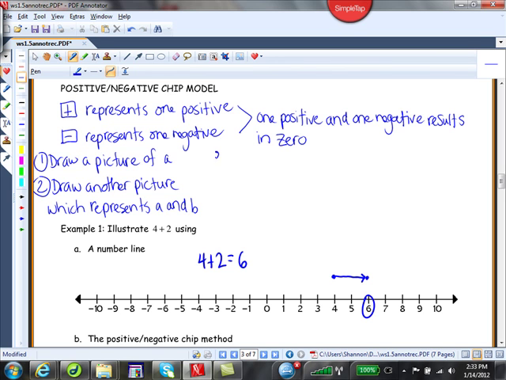And then thirdly, you remove pairs of positive and negatives. So if you have one positive, one negative, you just take that bad boy out. Okay? They're going to go run away together. They're going off to Vegas.